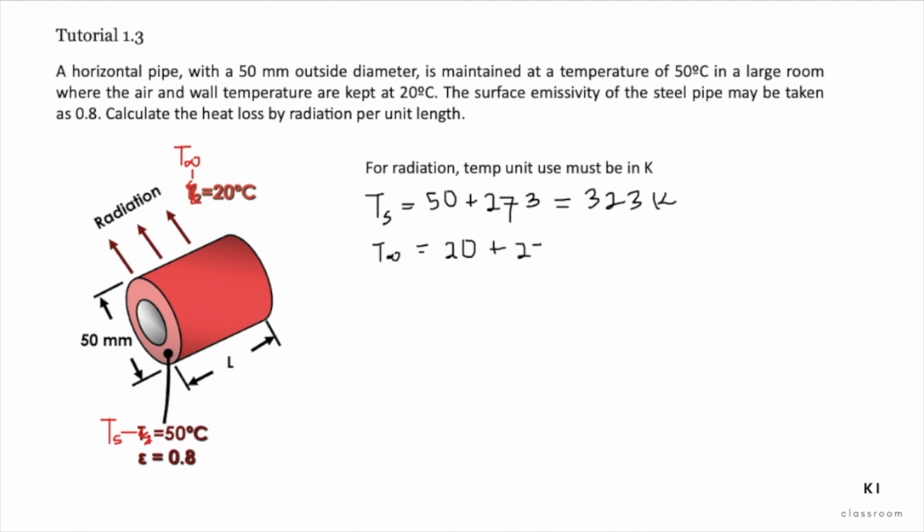So now your surface temperature becomes 323 Kelvin, and the ambient temperature becomes 293 Kelvin.